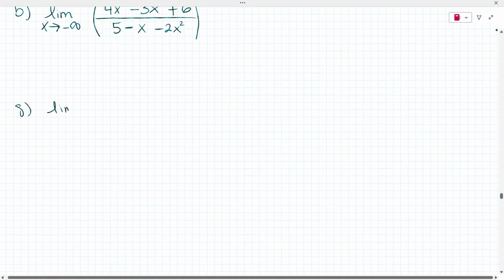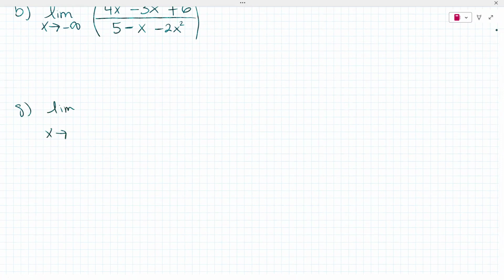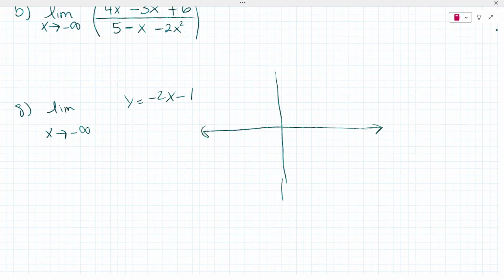They only ask for the limit as x approaches negative infinity. We figured out it is an oblique asymptote, y equals negative 2x minus 1. That would look something like this. As x approaches negative infinity, what happens to the y value? It shoots up to positive infinity.